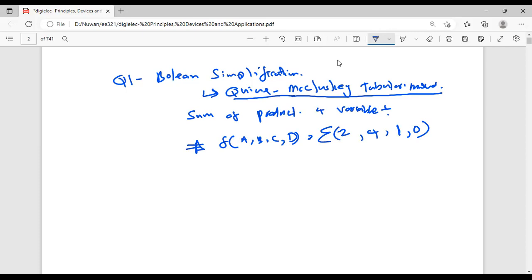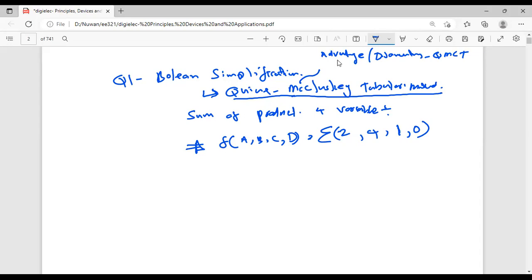So I hope you can do this. And also you should know the advantage and disadvantage of the Quine-McCluskey tabular method, and also what is the difference between this one and K-map.